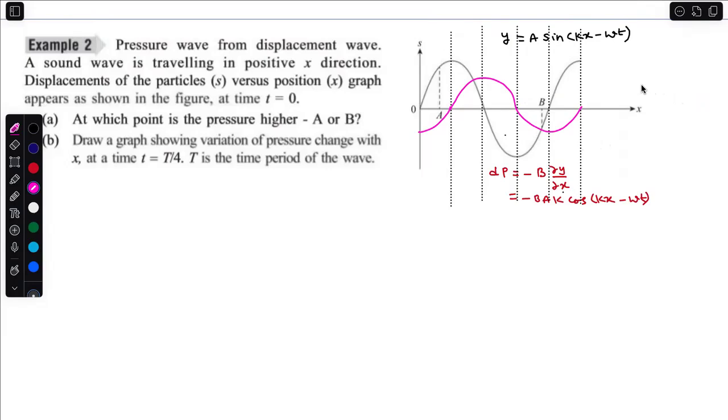Now tell me, you have selected point A. Correspondingly, this is the pressure point. Selected point B. Point B is here.